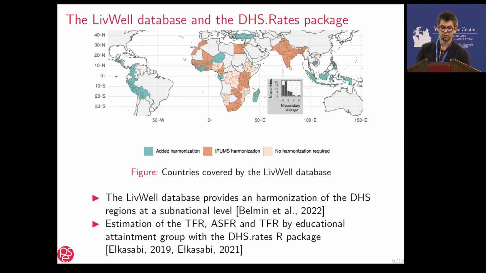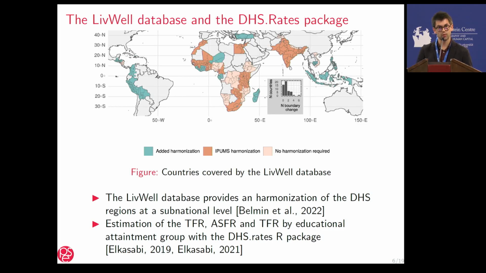So for the spatial units, we rely on the recent LiveWell database. That comes from a paper that was published in Scientific Data a week ago, and that is co-authored by Roman, who is here, and by Camille Belmin. This database provides a harmonization of the different regions that are considered in the DHS studies.